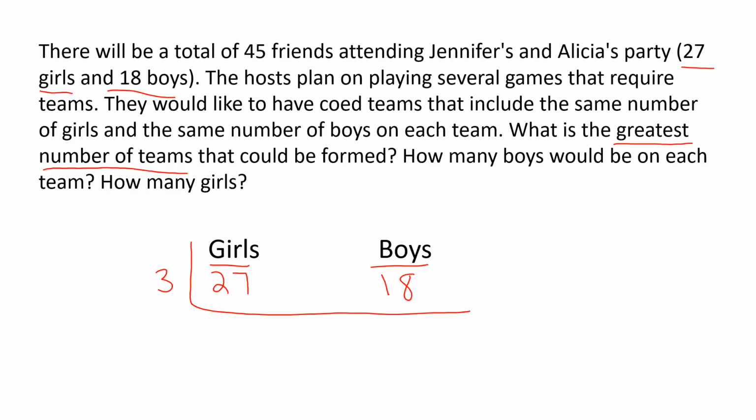3 will go into 27 9 times. 3 will go into 18 6 times, because 9 times 3 is 27, 6 times 3 is 18. When you think about 9 and 6, what common factors do they have? Is it a common factor other than 1? If so, you draw an additional layer.